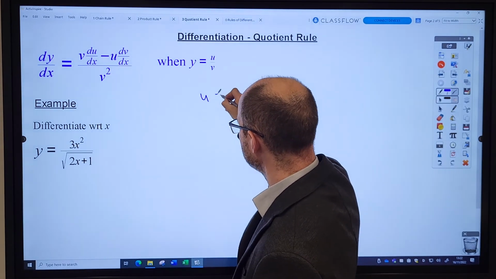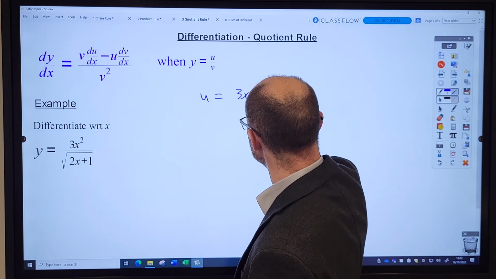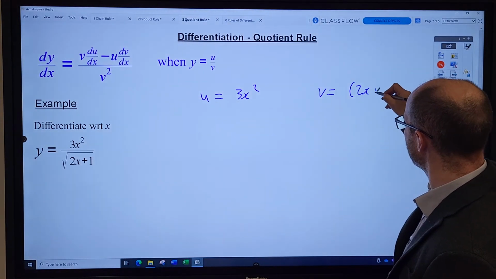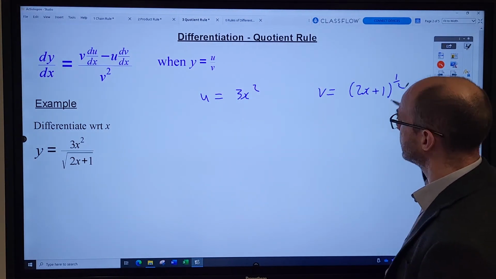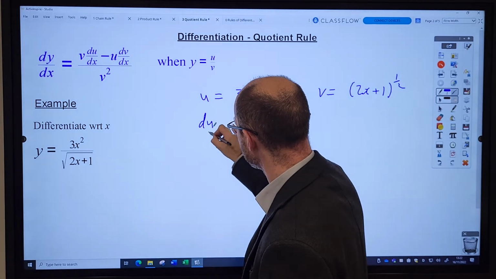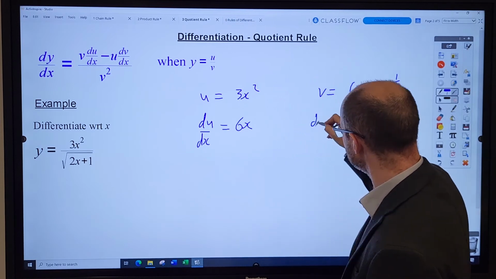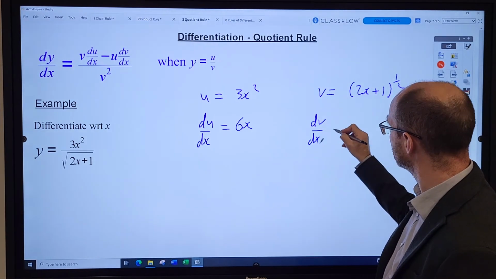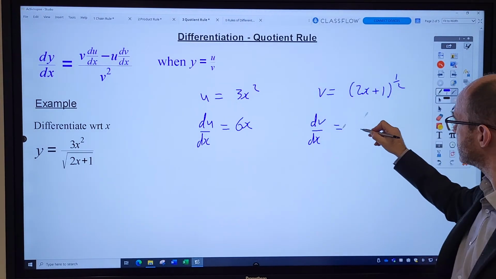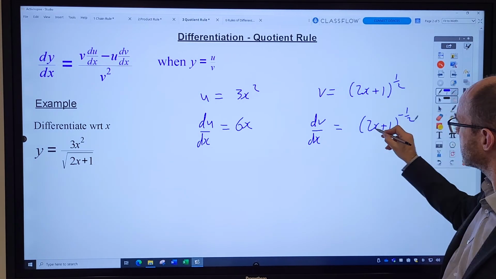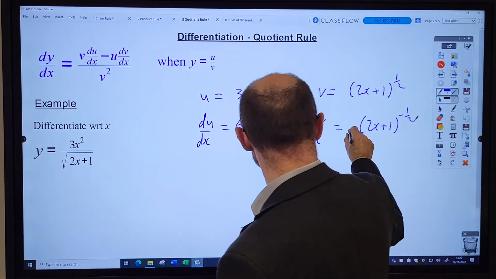Right, u equals 3x squared, v equals (2x plus 1) to the power of a half, du/dx equals 6x, dv/dx, using the chain rule, is equal to a half times (2x plus 1) to the power of negative a half times by 2, so there's no coefficient there.